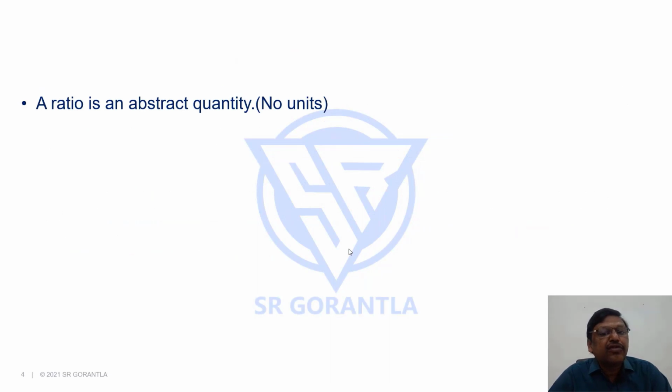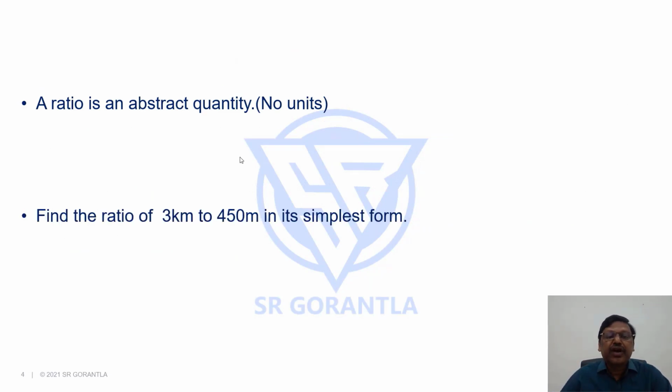A ratio is an abstract quantity. It doesn't carry any units. For example, if I ask you to find the ratio of 3 kilometers to 450 meters in its simplest form, first of all, to compare two items, they should be expressed in the same units. So 3 kilometers, since 1 kilometer is 1000 meters, we can write as 3000 meters.